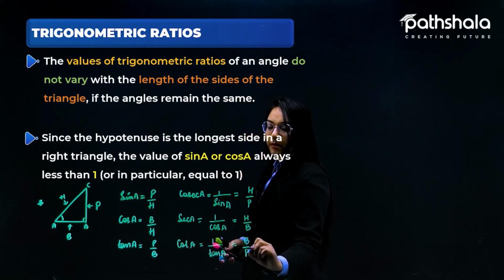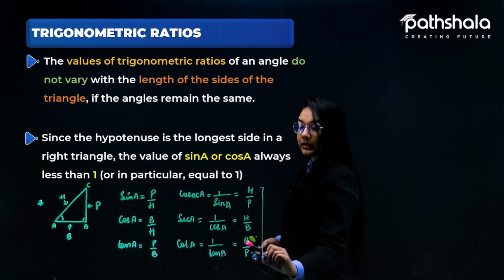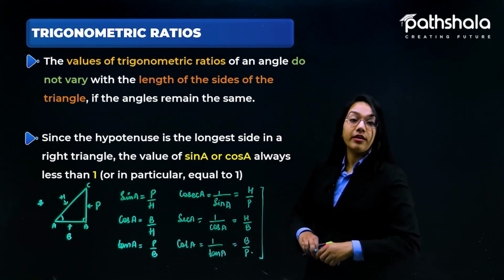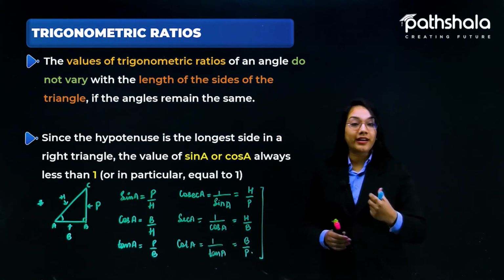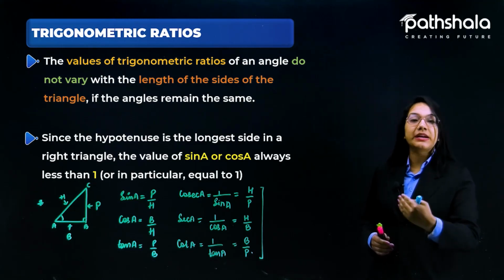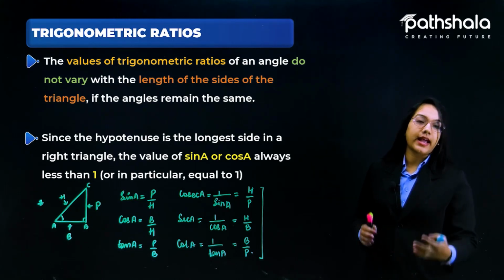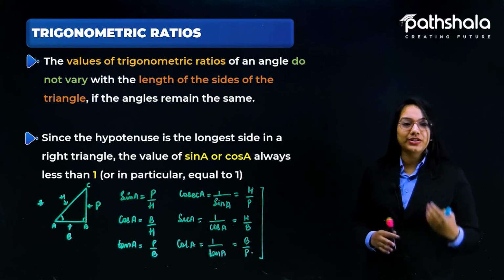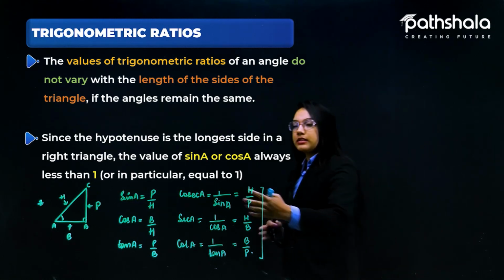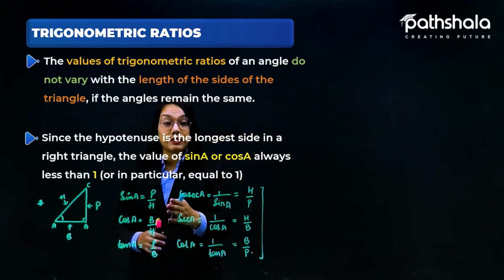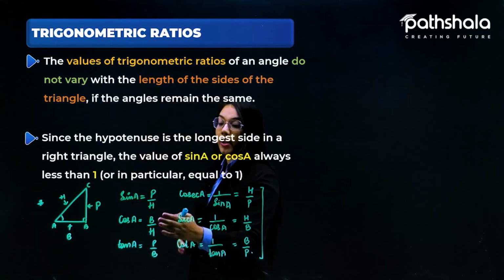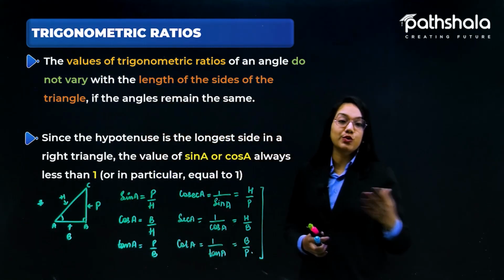So this is a way through which you can learn the trigonometric ratios in an easier manner, rather than learning the side opposite to the angle A and the side adjacent to the angle A. You can learn all these ratios in this manner: this is P by H, this is B by H, this is P by B, and so on.